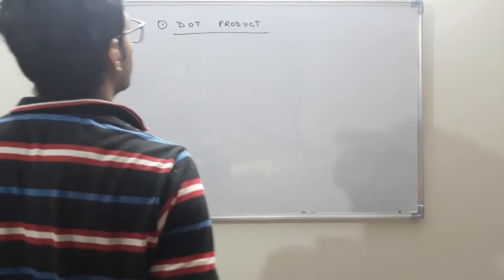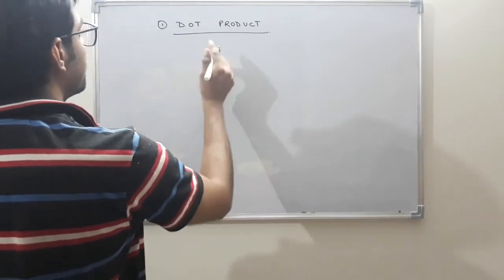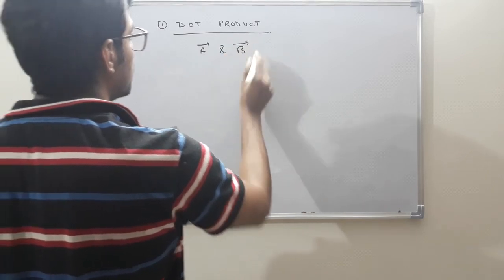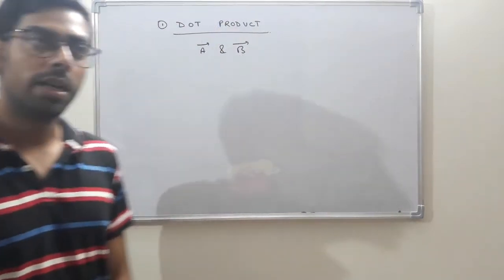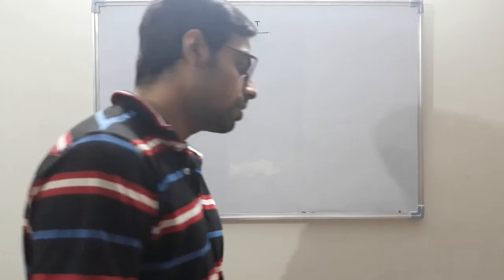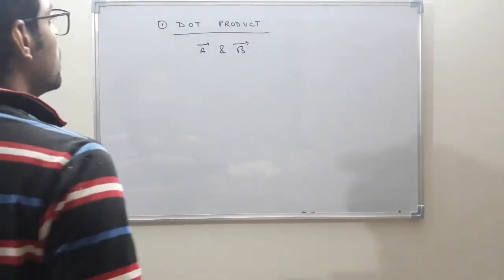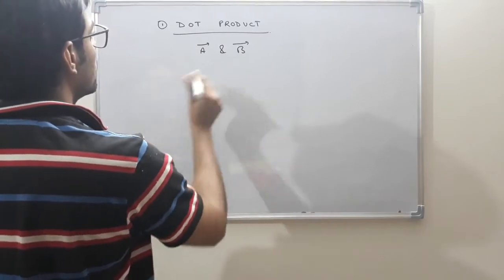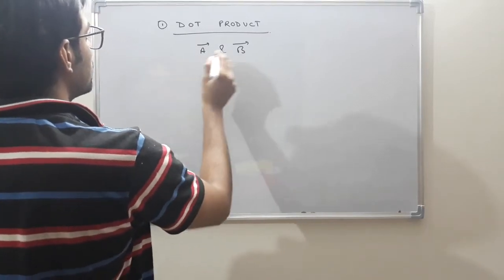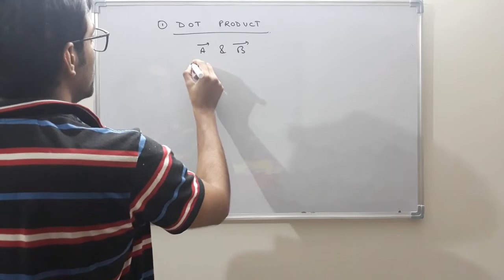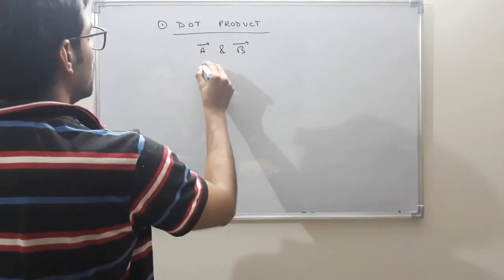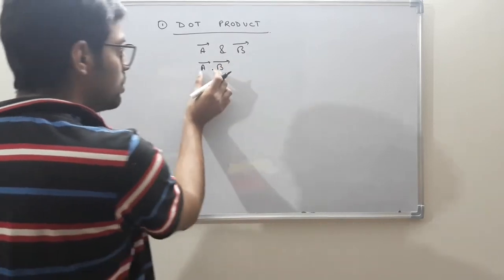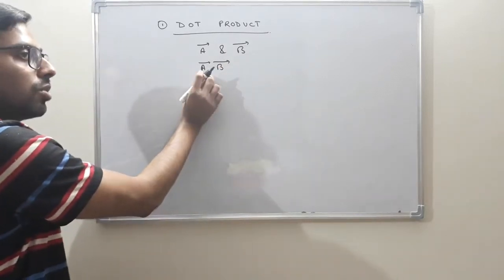suppose we have two vectors, A vector and B vector. Then we can get, by the formula of dot product, A dot B. We are multiplying these two vectors by using the dot product technique.